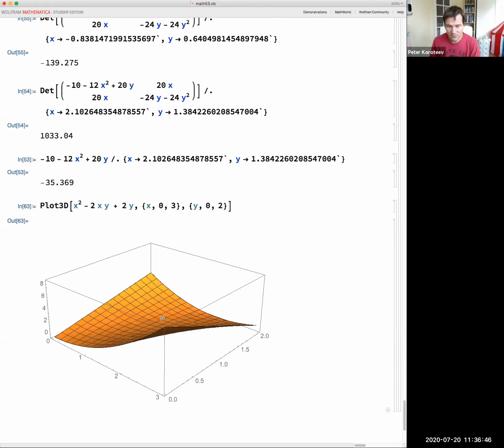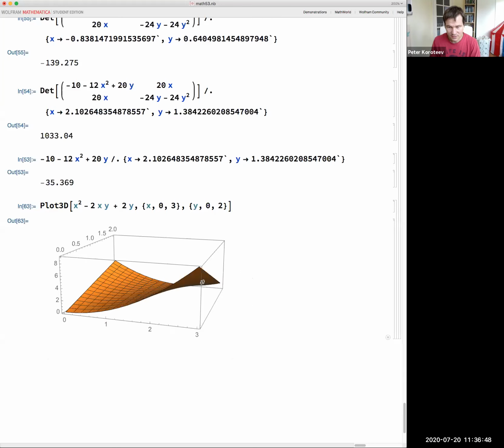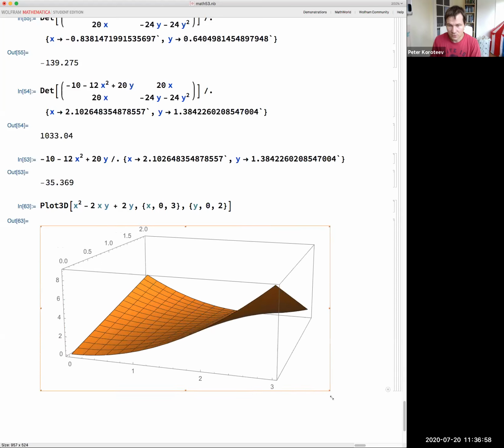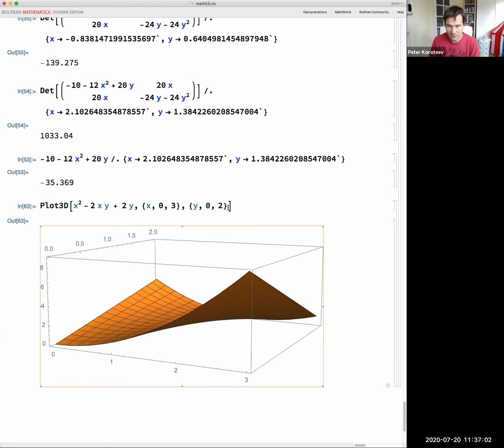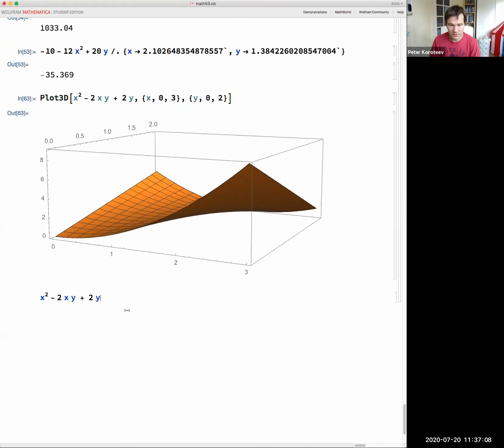Already from the plot, it's clear that this tip over here is the global maximum, because it has the biggest value. But let's go over the algorithm. First, let's find its critical points.